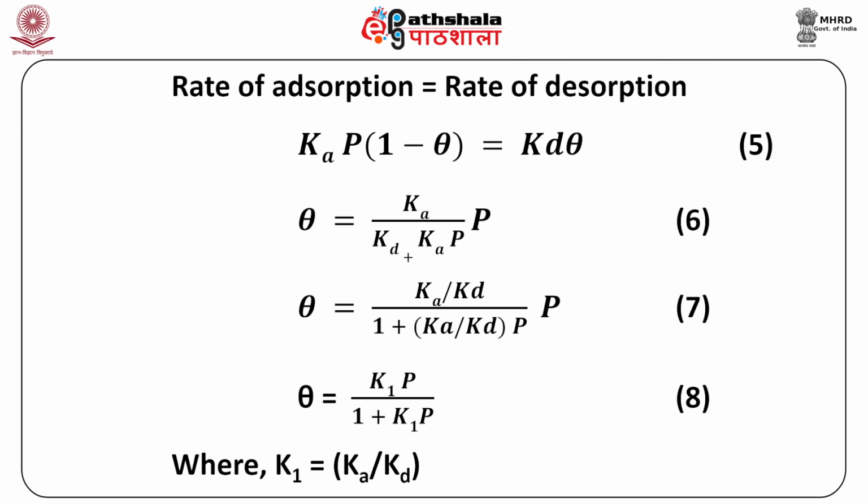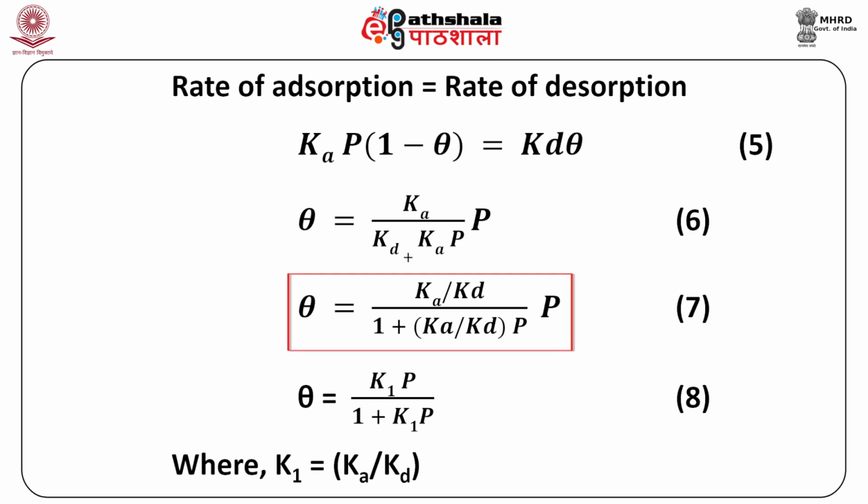At equilibrium, we have rate of adsorption equal to rate of desorption. Therefore, we have our equation 5 as Ka into P into 1 minus theta is equal to Kd into theta. Solving for theta, we get theta equals KaP divided by Kd plus KaP as our equation 6.